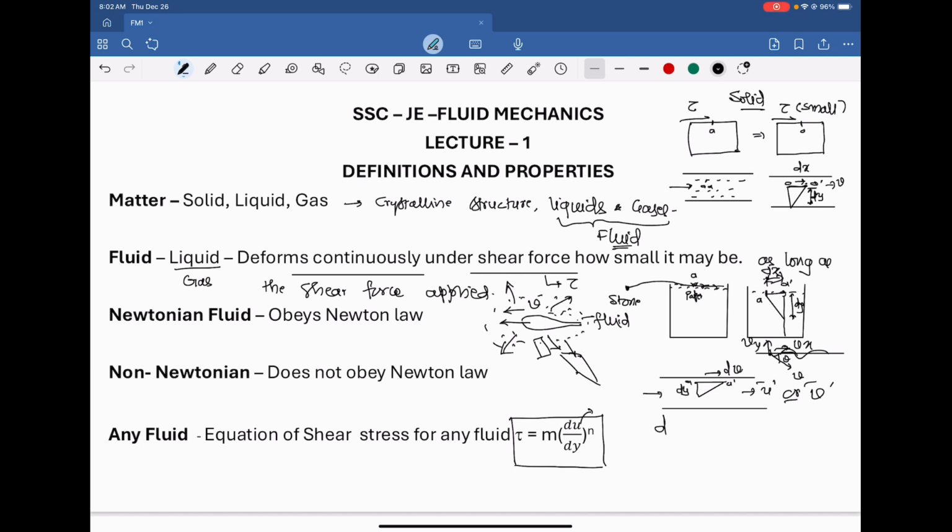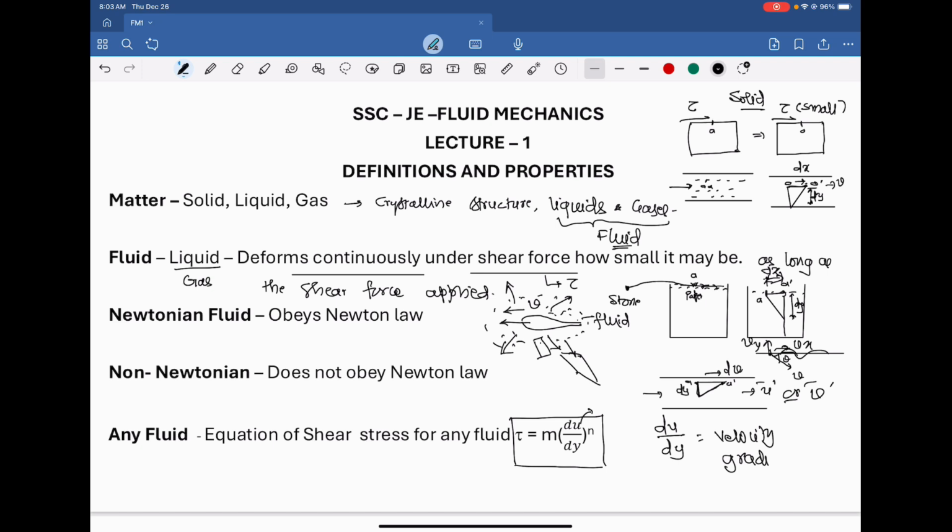This du by dy is the change in velocity by change in the depth. The particle is there. This is the velocity. Du by dy is equal to velocity gradient.